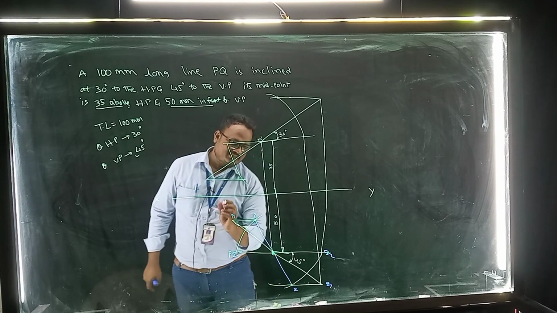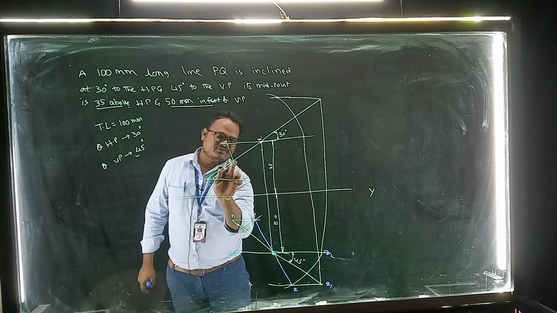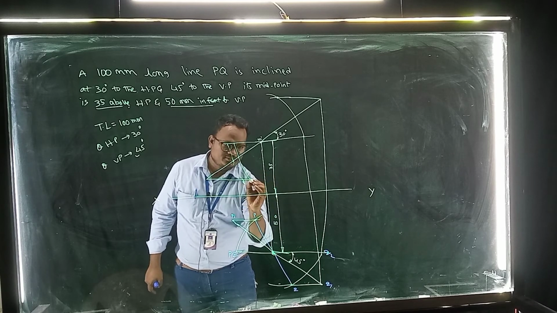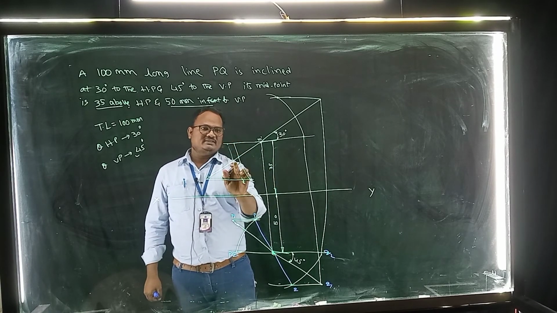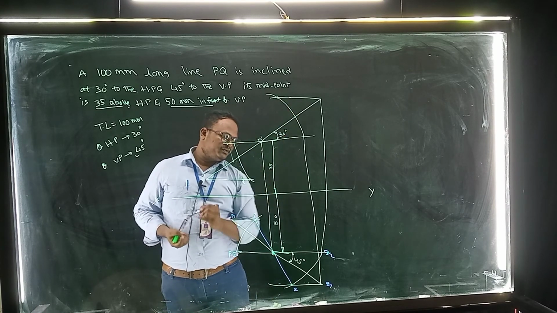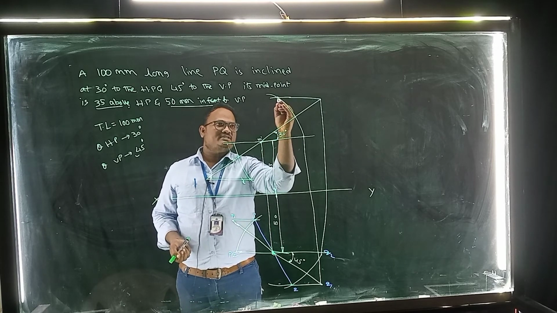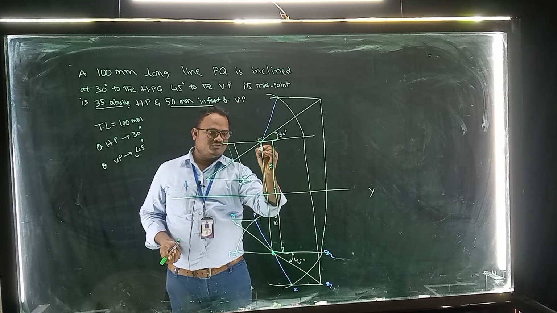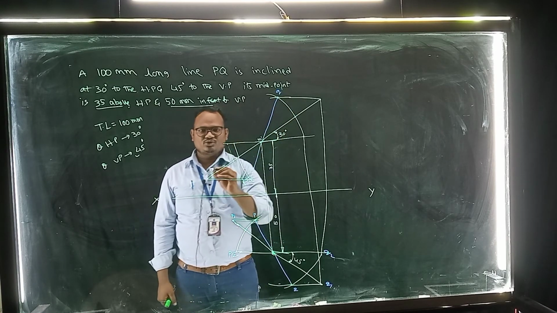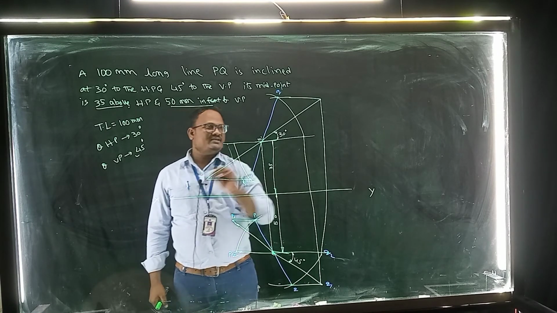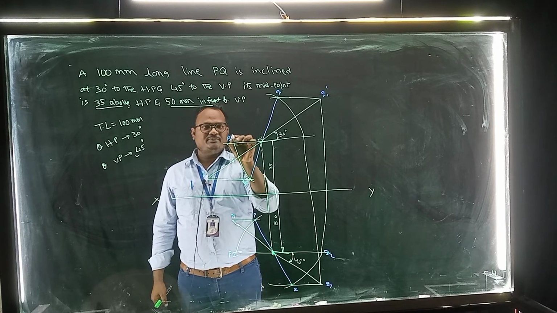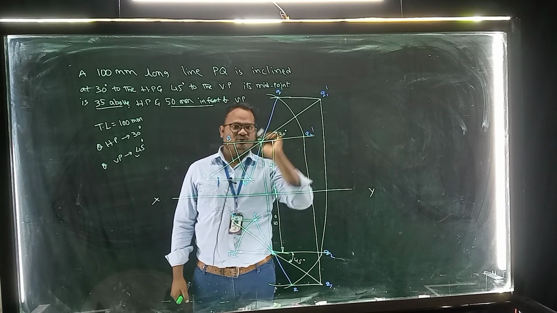This arc also touches the locus line somewhere here. If you join these two, you will get the final front view. This is P dash, this is Q dash, this is P1 dash, Q1 dash, P2 dash, and Q2 dash.